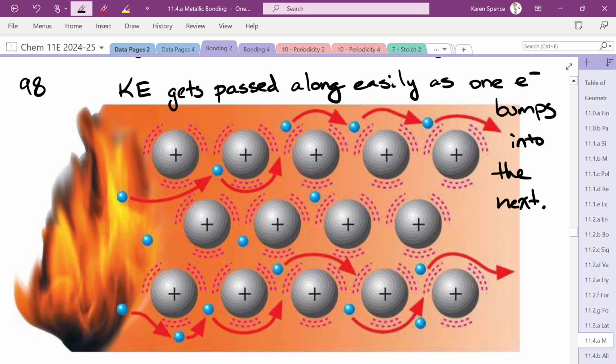Whereas if you had something like an ice cube, an ice cube actually takes a fair bit of heat to get the energy to go from here to here. That's why you can have the surface of the ice melting, but if you have a lake with 6 inches of ice, it's going to take a while for the lower levels to start melting because it takes a lot more time for the energy to move.